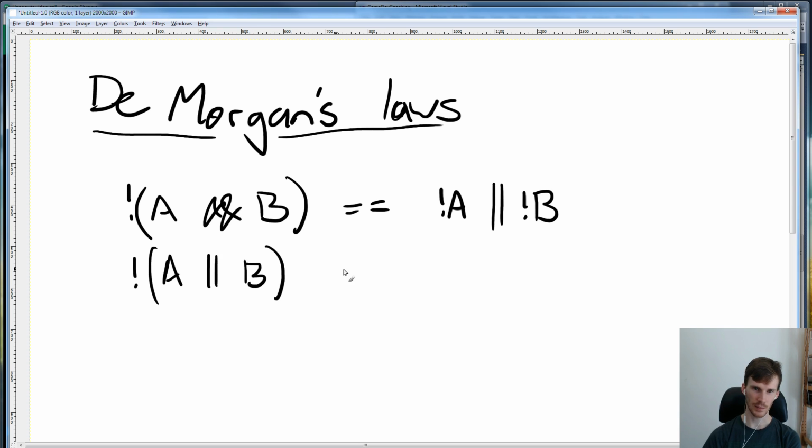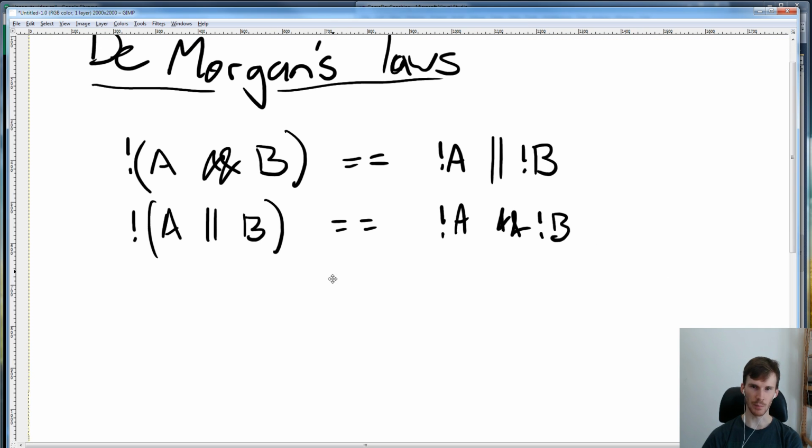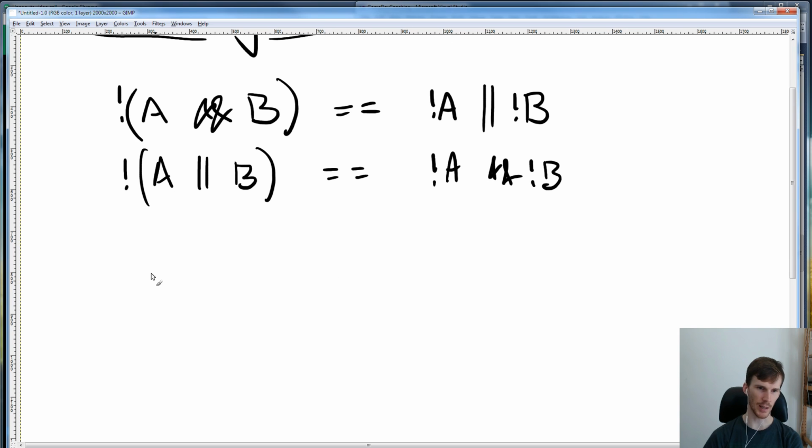And then the inverse looks pretty much the same. So that would be not (A or B) equals not A and not B. We can just stop there pretty much, but we may as well write out the table. So we'll do this one first.